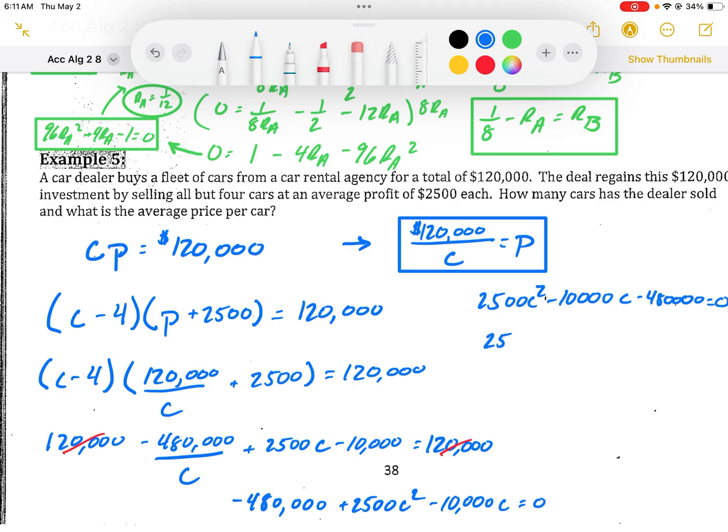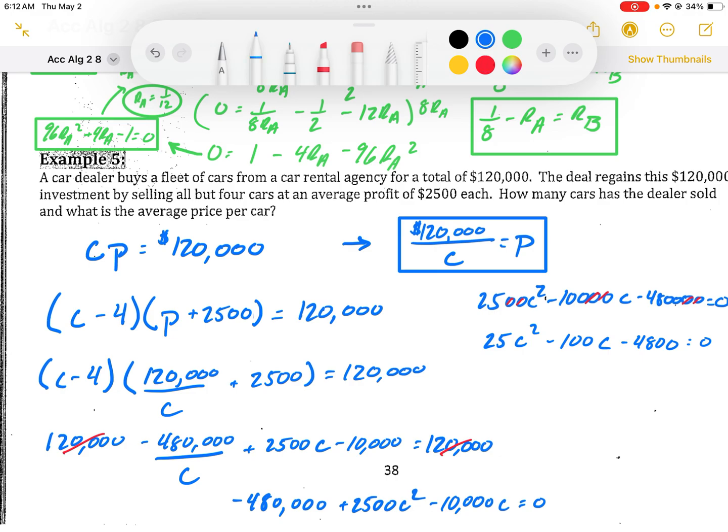So we'll get 25C squared minus 100C minus 4,800. If you're wondering what I did, I just got rid of 2 zeros on each one by dividing everything by 100.